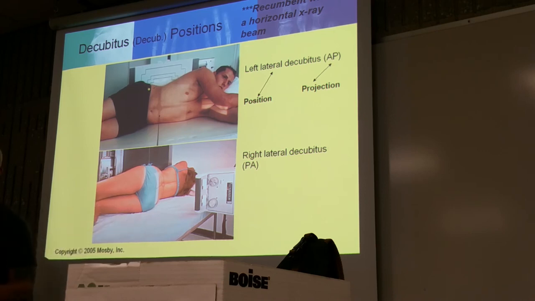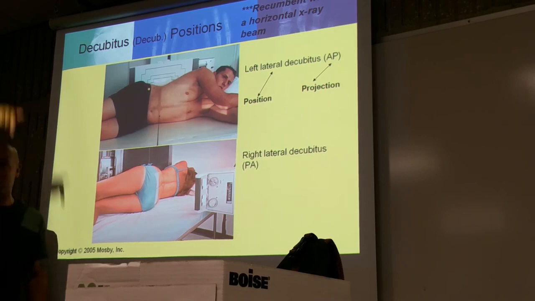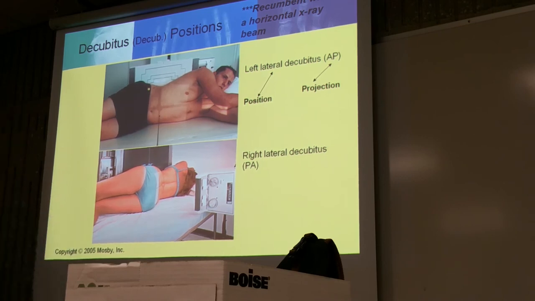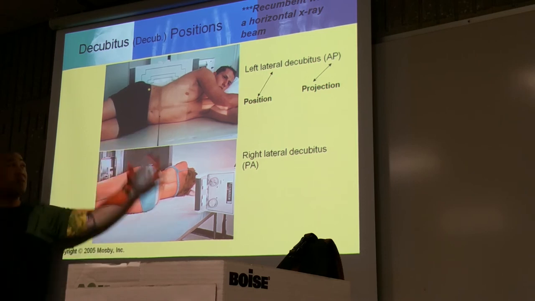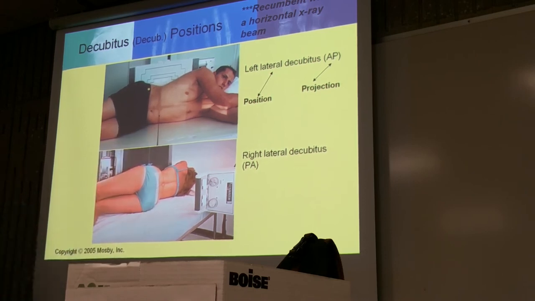Okay, good question. Why wouldn't I just have them be flat on their back with a projection going down this way? That's actually a very excellent question. The purpose of these decubitus images is to assess air and fluid levels.